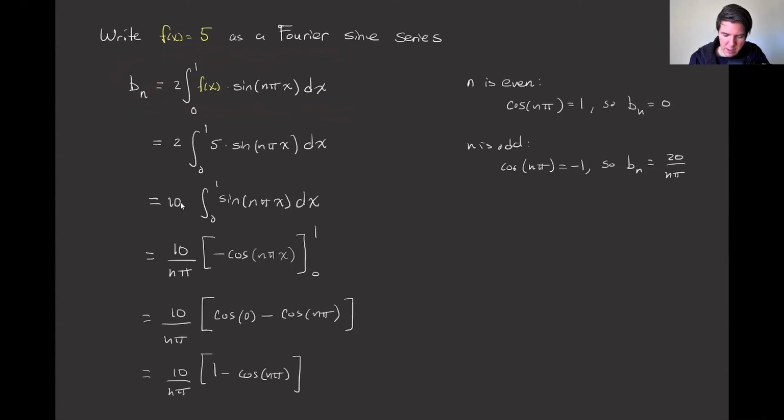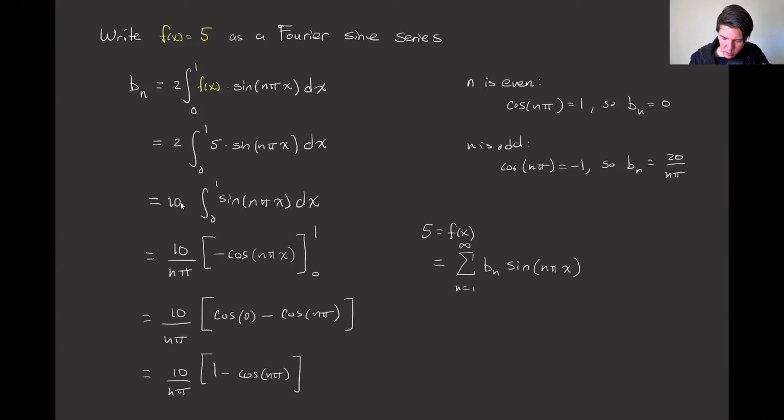We use that formula in this case to find out what the b_n's should be. And now for the function f of x is equal to 5, we can actually write what the Fourier series is. So we can say that 5 is equal to f of x, which is equal to this series of b sub n sine of n pi x.